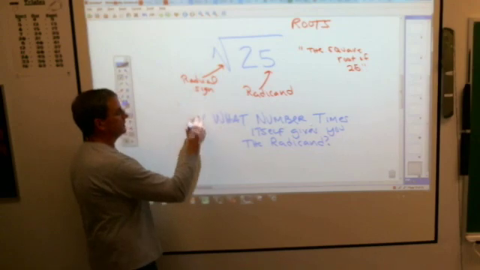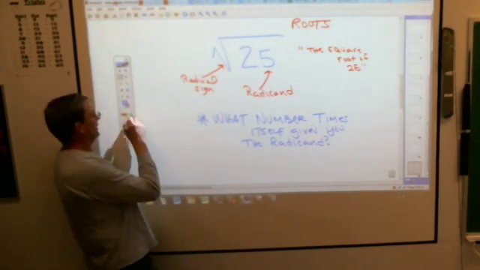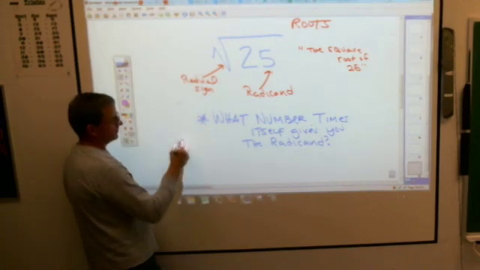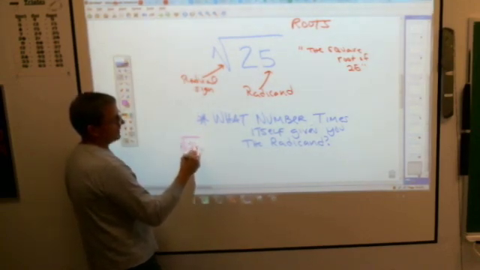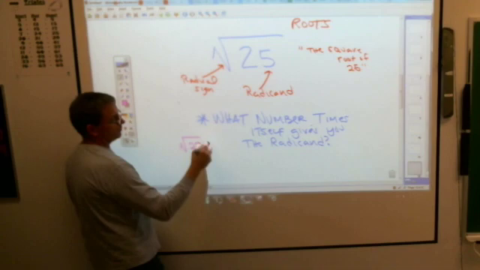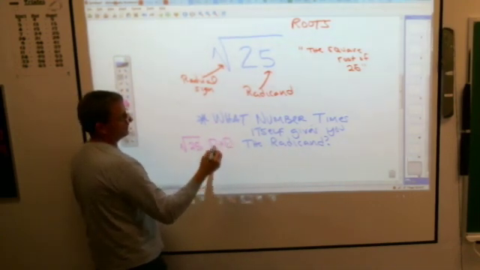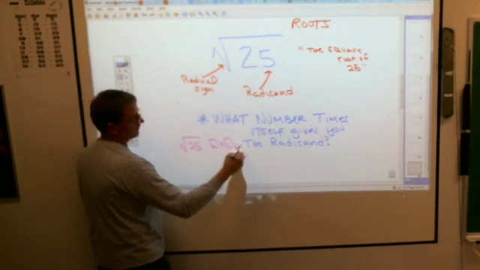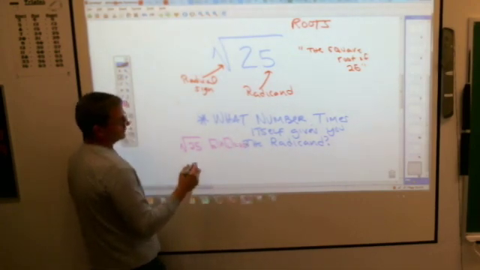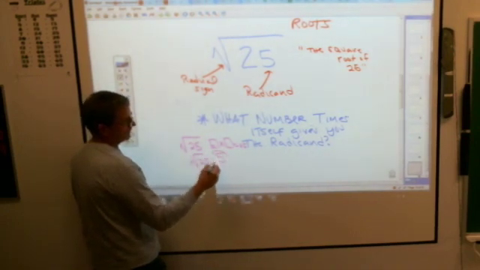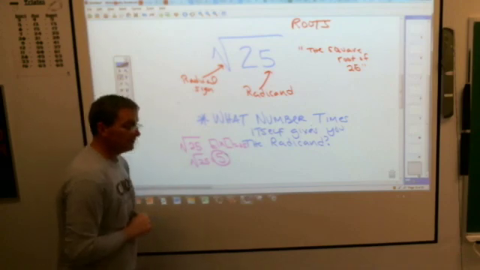This is what the problem asks you. So the square root of 25 asks you what number times itself. It has to be the same number. Multiplied together will give you 25. And the answer to that is 5. The square root of 25 is just 1 5. You don't put 2 5s down.